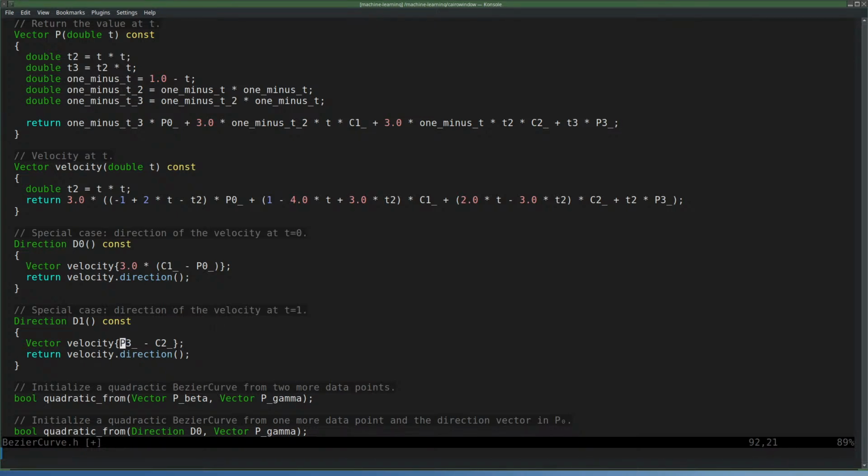And then we get something that looks at least more symmetrical, because this is also 3.0 times something. Start from this side, so that's 3 times 1 times P3, so that's P3. And then here we have 2 minus 3 is minus 1.